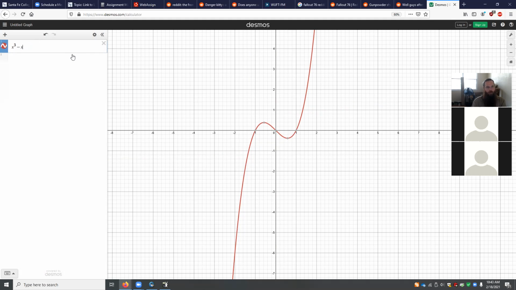So if you were to flip him over horizontally, it would look like this. And then if you flipped that over vertically, it'd look like this. So if you do both the horizontal flip and the vertical flip and you sit back on yourself, that is an odd function.